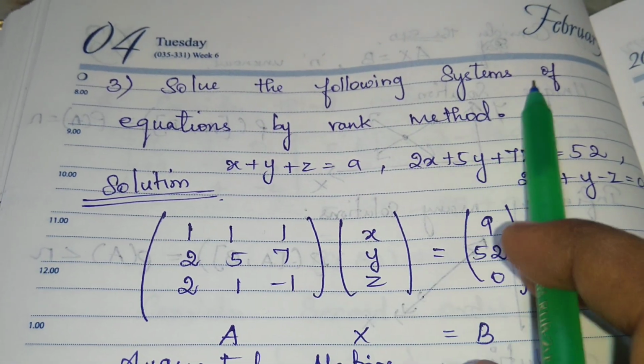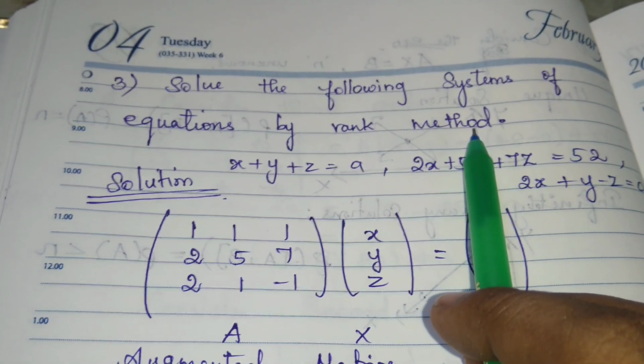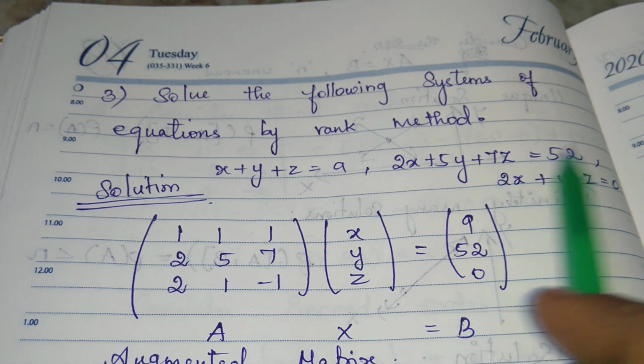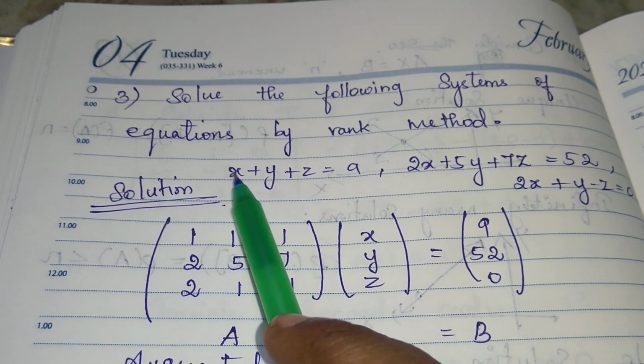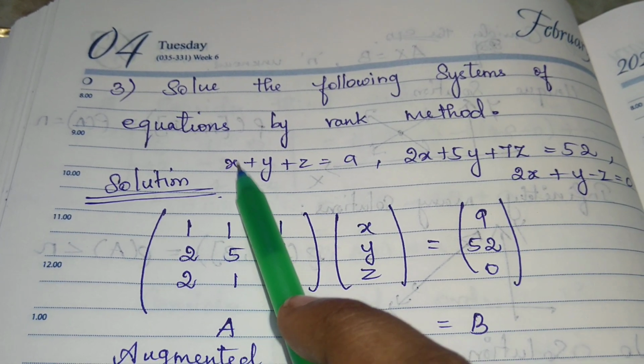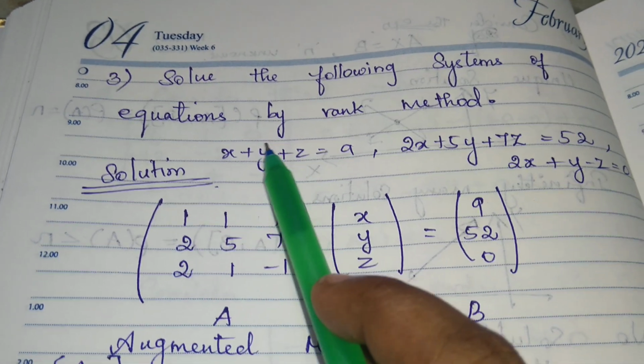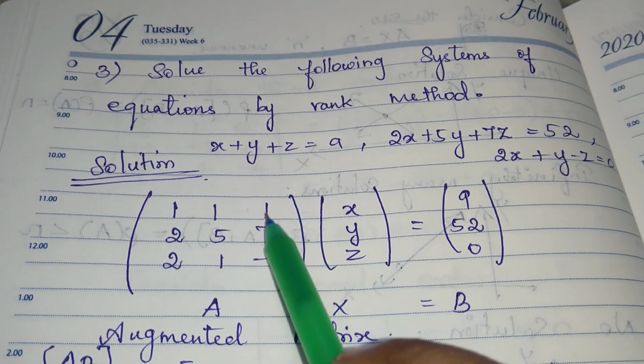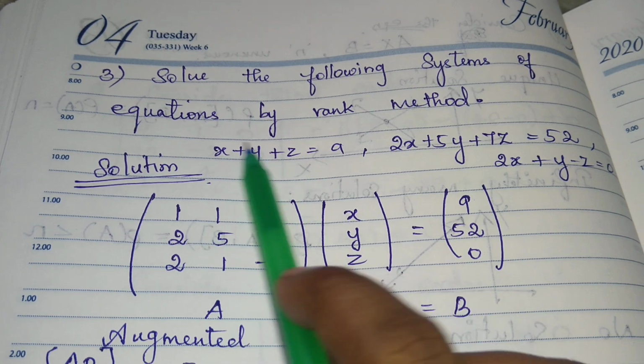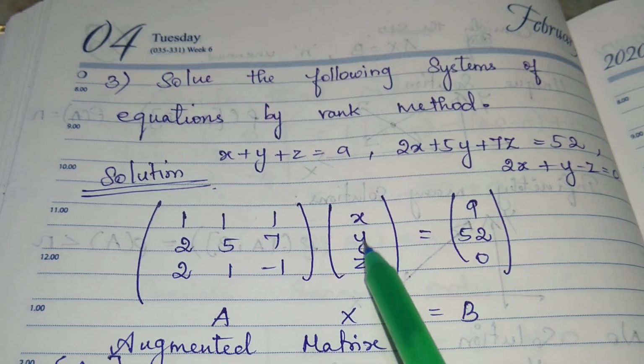Solve the following system of equations by the rank method. You have 3 equations, right? You write the coefficients of x, y, z, and all your variables will be written like this: x, y, z.